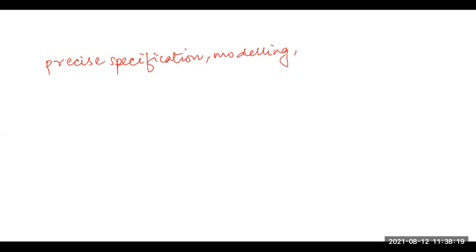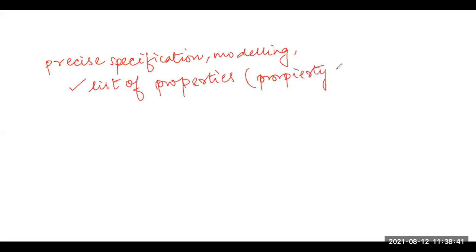as a list of its desirable properties. This specification can be given as a list of properties that the system should show. This approach we will refer to as the property-oriented approach.